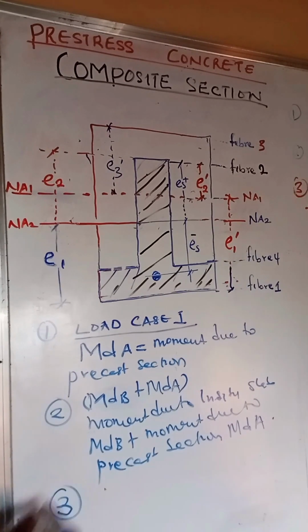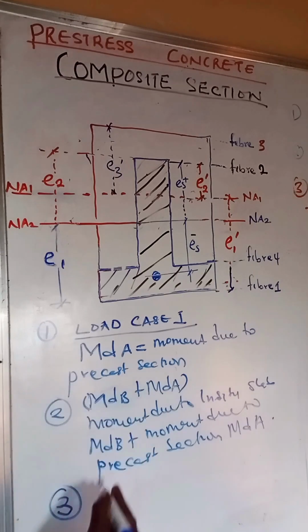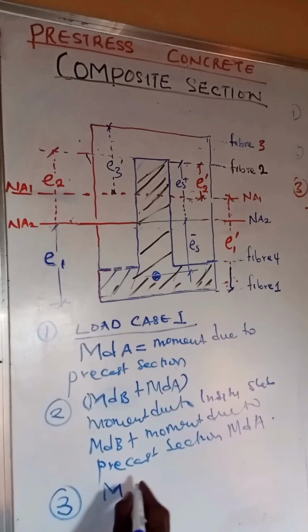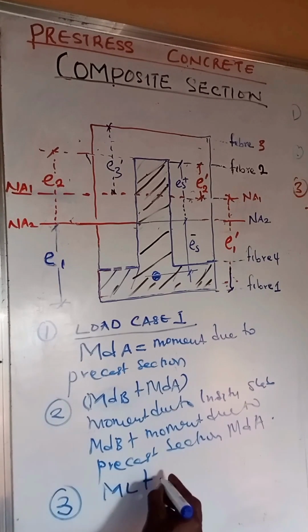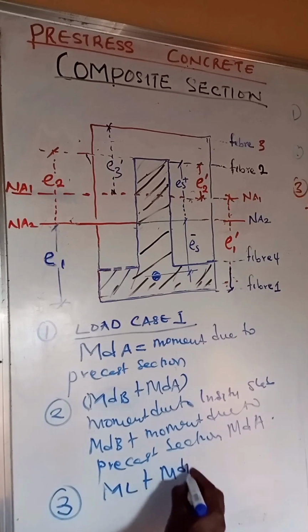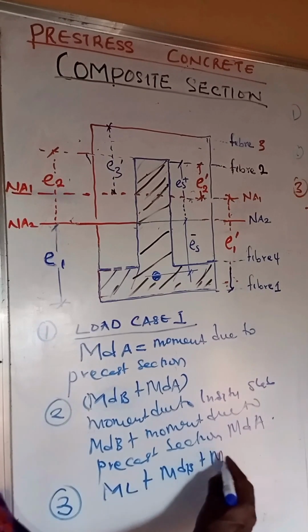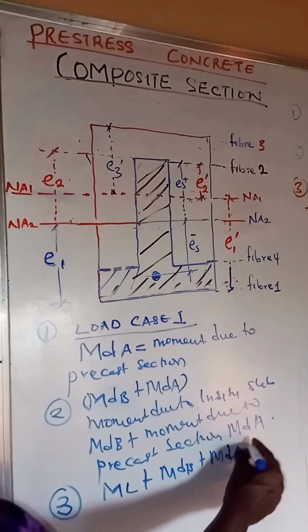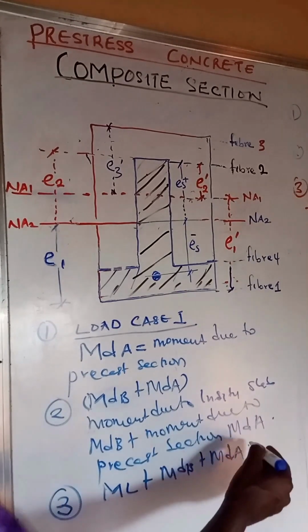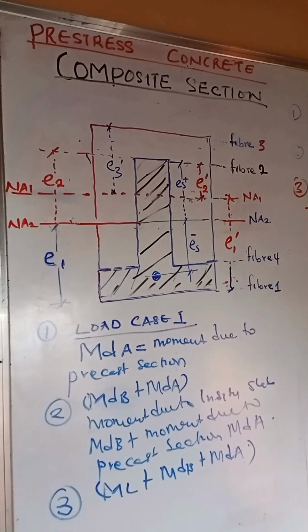Then the third one, which is going to involve the live load, we're going to have a combination of the three loads, which is ML plus MDB plus MDA. All right. So these represent the entire load combination.